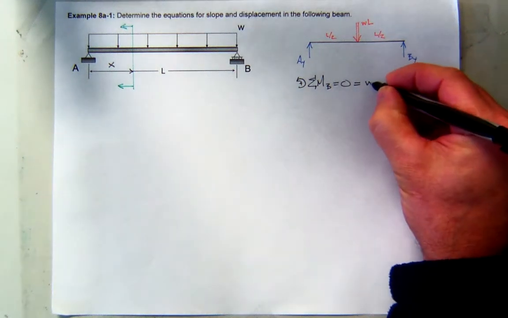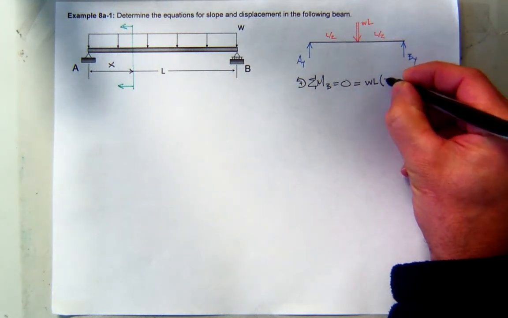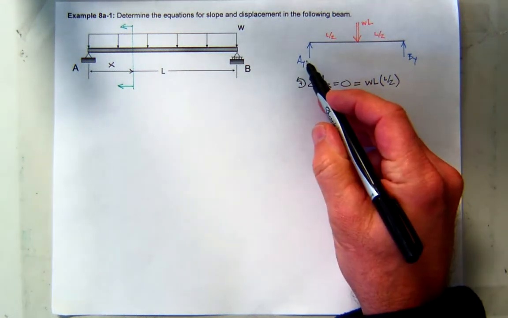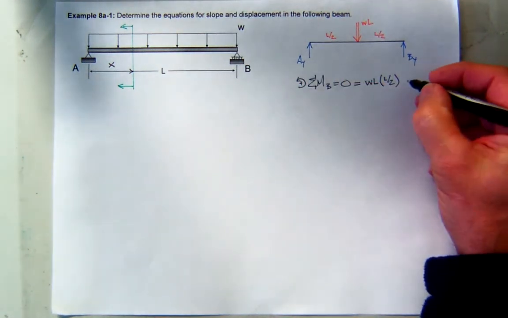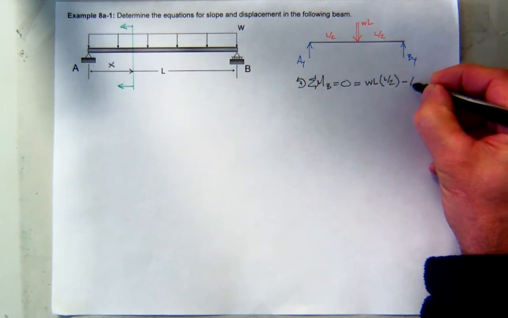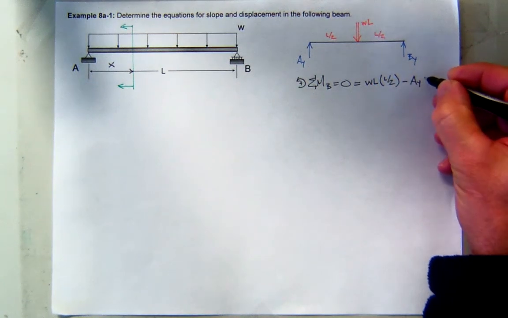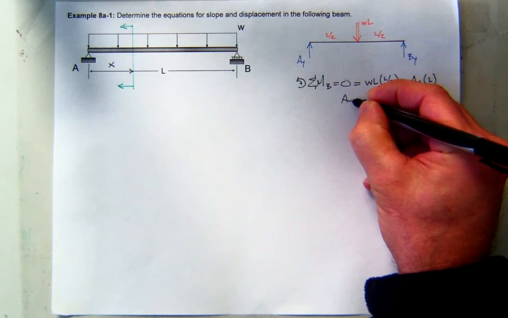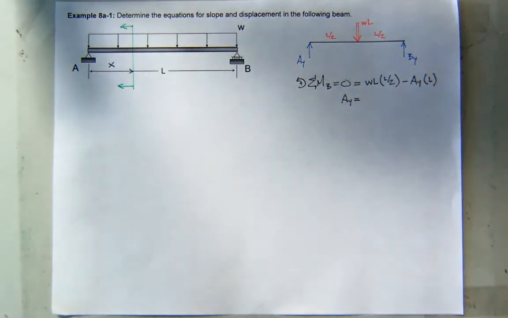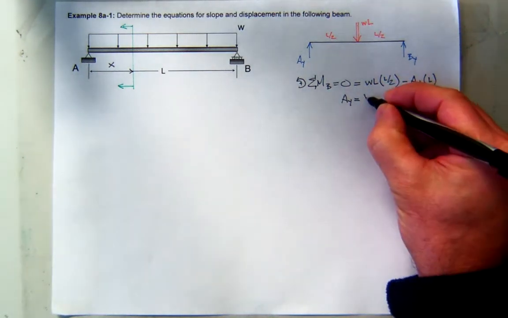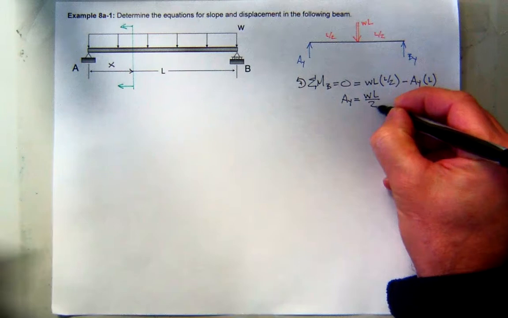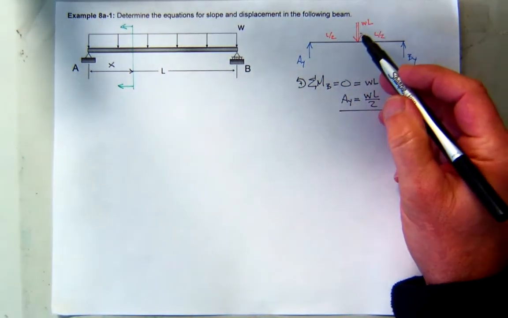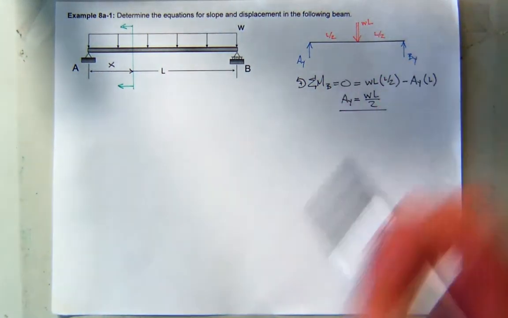So the force is WL, and the moment arm is L over 2. And then the reaction, AY, what kind of moment does it create? Negative. So AY is the force, and the distance is L. So I think you can see that the force is just going to be WL over 2. Kind of what we thought. Basically, half the force went to one side, half will go to the other.